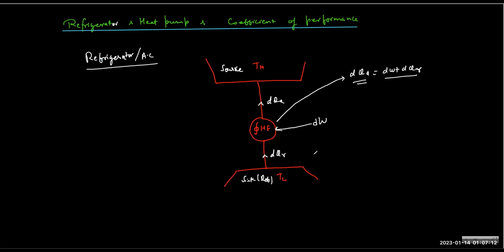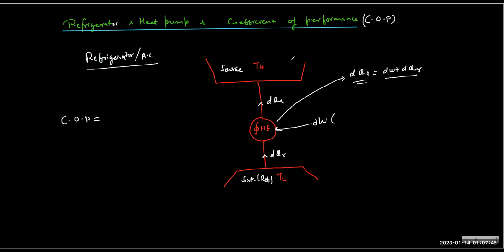Okay. Now here we don't define efficiency, we define the coefficient of performance, COP. How well your refrigerator is performing. So on what basis will you rate your refrigerator? To make your refrigerator work, you consume the electrical energy, which is dW.